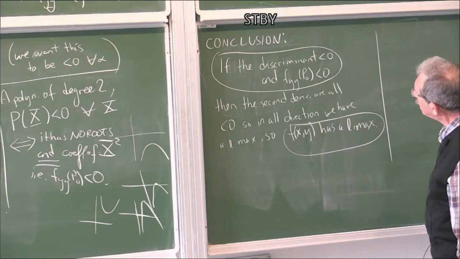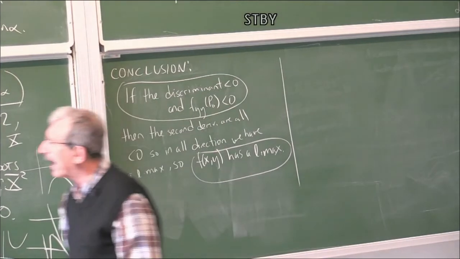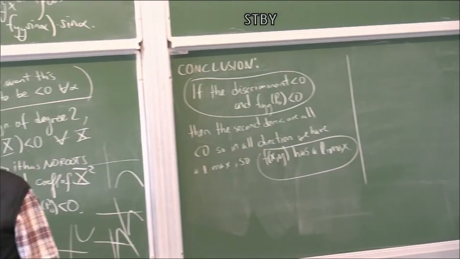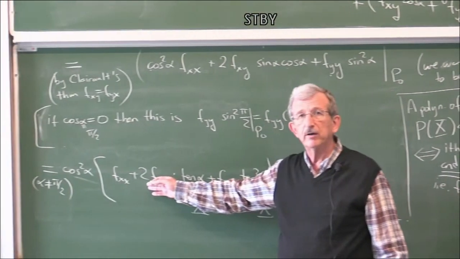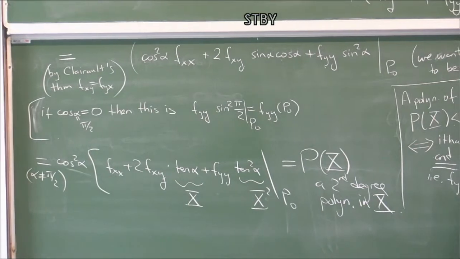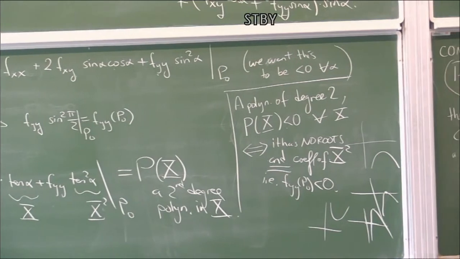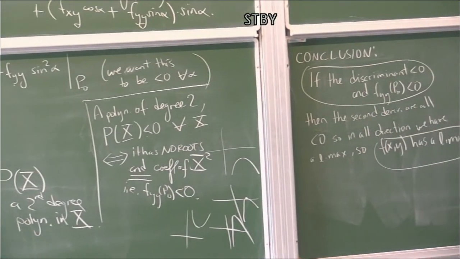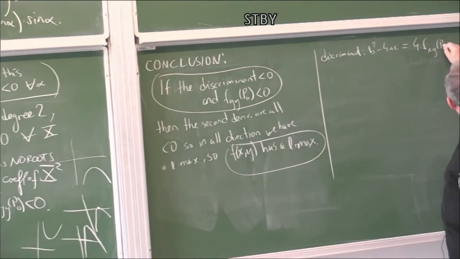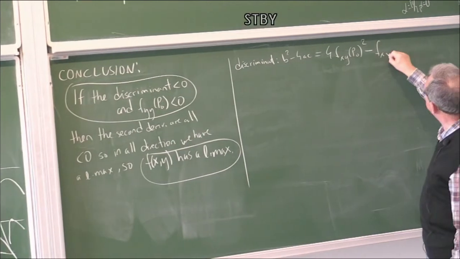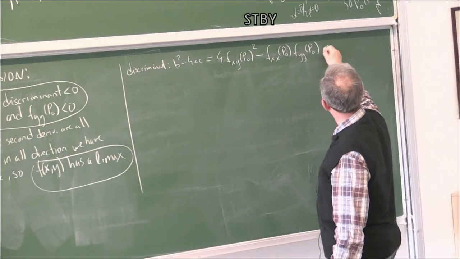Now, what does a discriminant is negative mean? What is the discriminant here? Going back to the polynomial, again, we see that, okay, the discriminant is, of course, b squared minus 4ac. So, discriminant is 4 times (f_xy at P0 squared minus f_xx at P0 times f_yy at P0). We want it negative.